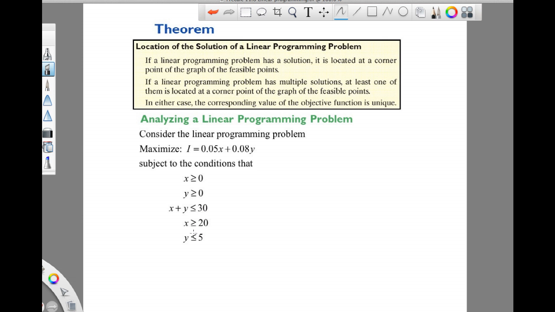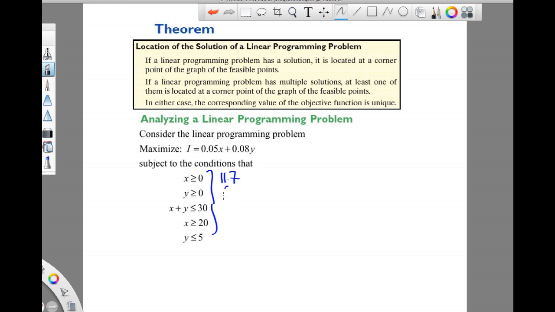The couple was going to invest $20,000 or more, I believe in the treasury bills, and at most $5,000 in corporate bonds. The 0.05 here represents the 5% interest that the treasury bills yield, and the 0.08 represents the 8% interest.